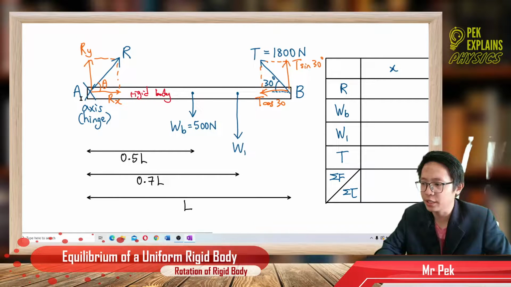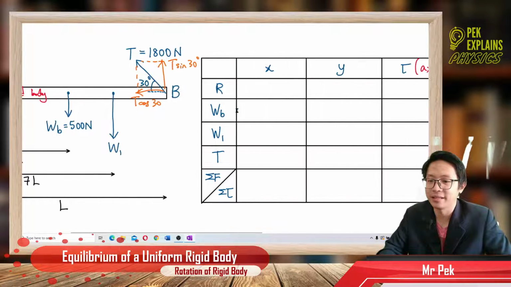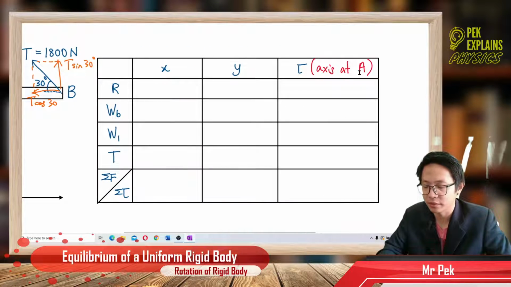The whole object will just rotate around the hinge. So we just put this as the axis of rotation. Axis of rotation at A. You must write this. You must write where your axis of rotation is.